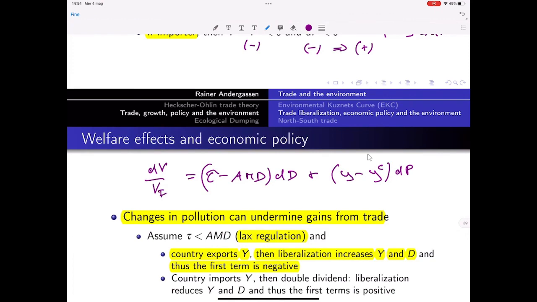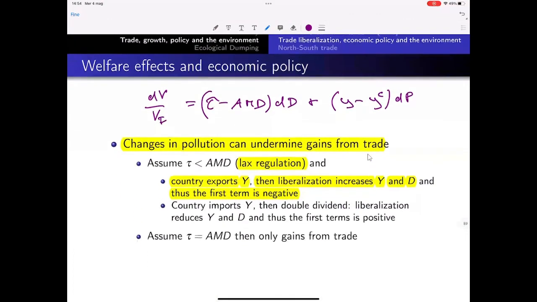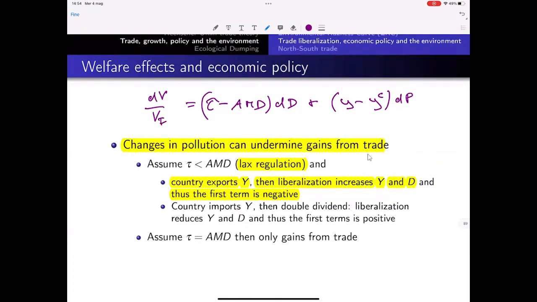So if tau is lower than aggregate marginal damage, then this is negative, but this is positive for the exporter. Therefore, overall, it's negative.